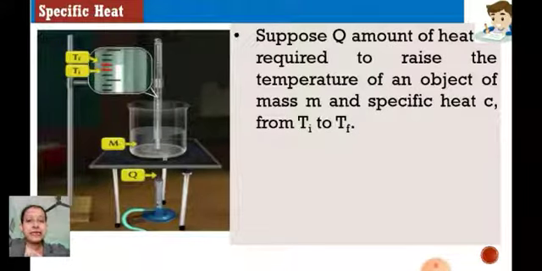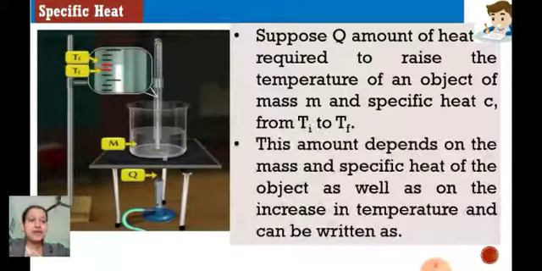That final temperature we get we will call the final temperature, and it is designated by the letter Tf. Suppose Q amount of heat is required to raise the temperature of an object of mass M and specific heat C from Ti to Tf, then we will have a formula for this.